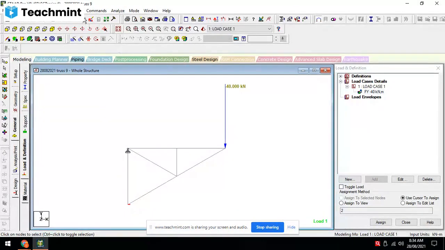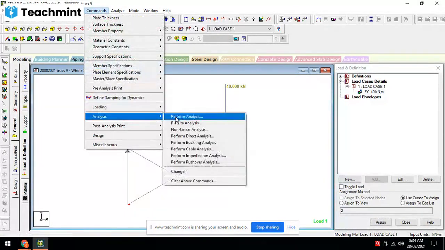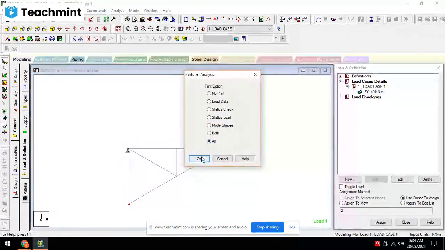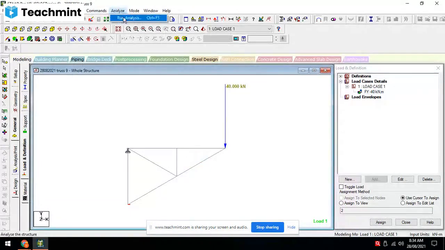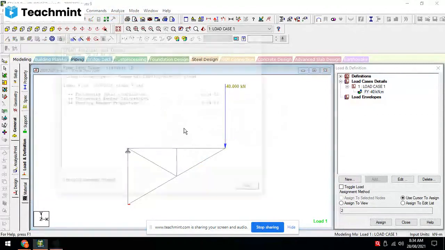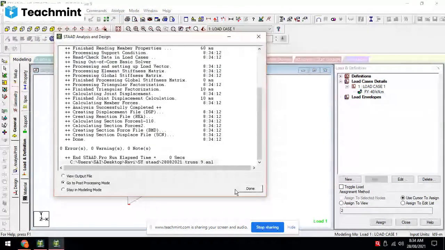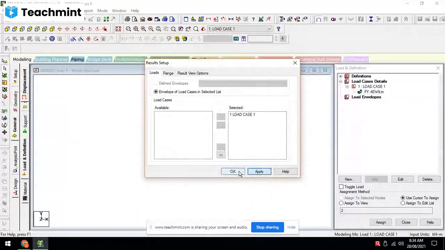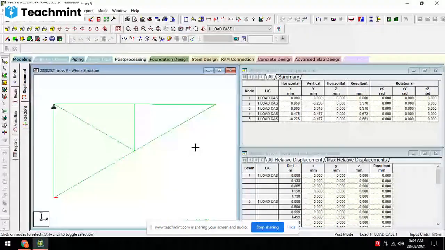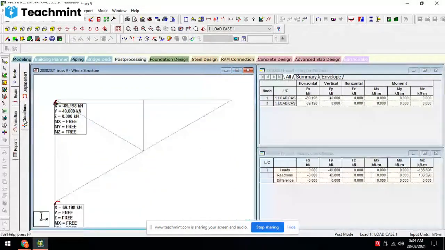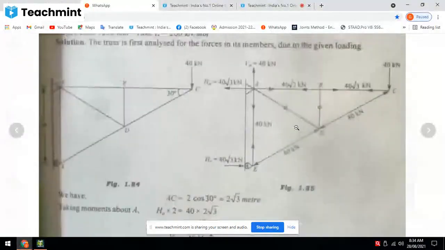Right, then now command, perform analysis all, okay. Next run analysis, save. Okay, now see the node reaction. So reactions are 69.18 and 40. We'll check.